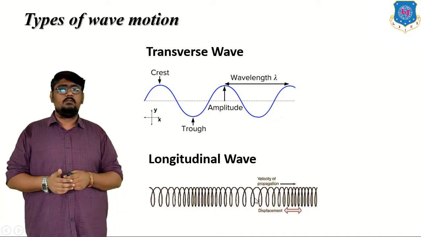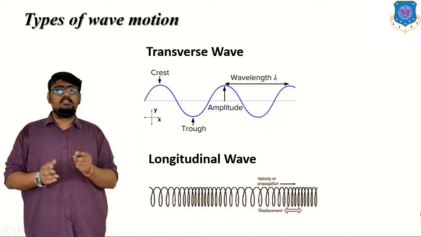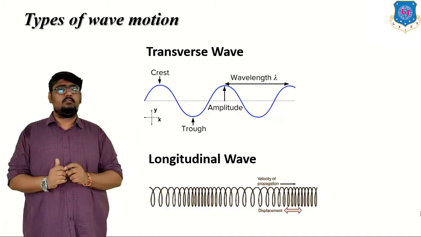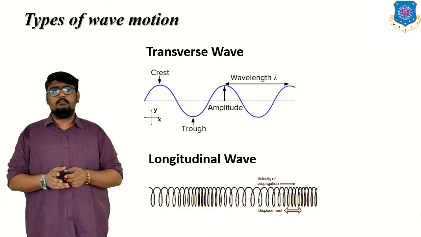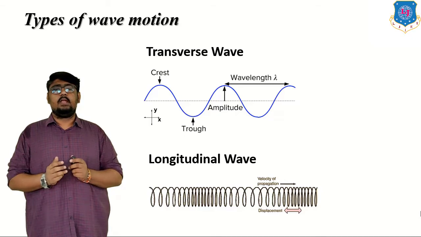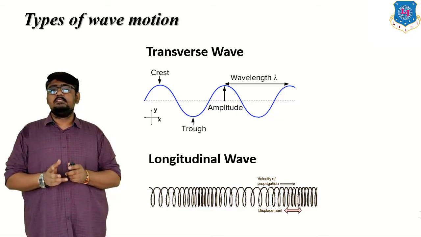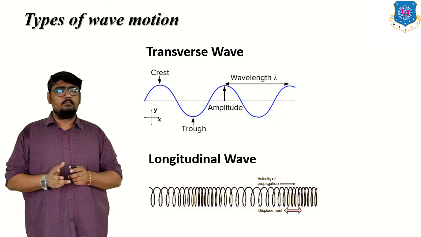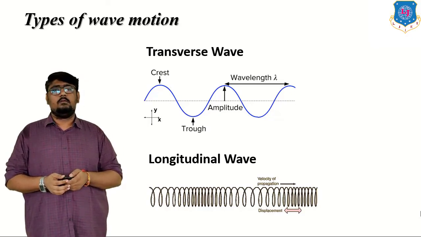In a transverse wave it was crest and trough; over here it is compression and rarefaction. There is a pressure variation throughout the medium. They can propagate through solids, liquids, and gases as well. There is a change in density throughout the medium, and sound wave is an example of a longitudinal wave.